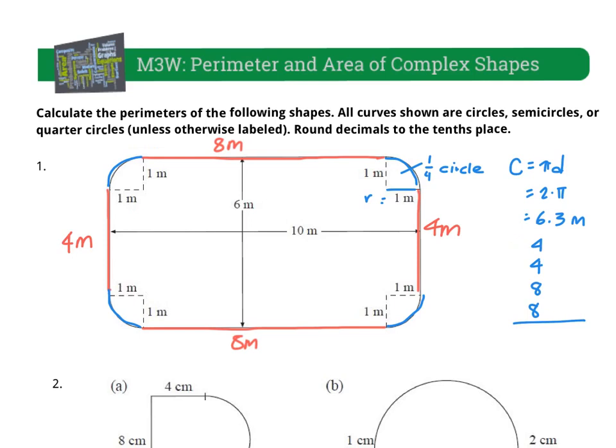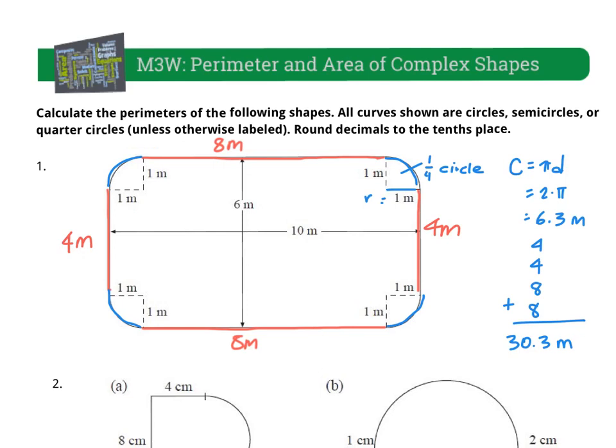So when I total up that 6.3 meters plus the two sides that are 4 and the two sides that are 8, I should get 30.3 meters as the entire perimeter of this shape. Okay, so notice I can break the shape down into things that I know how to find the perimeter of, put it all back together. That'll give me the entire perimeter.